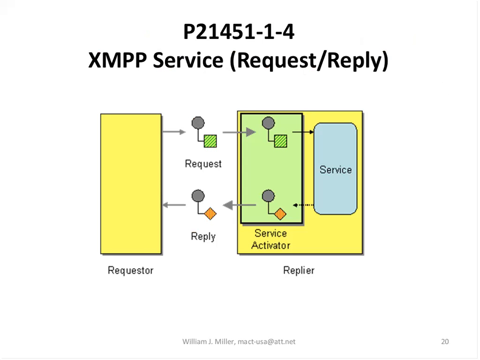But our 21451-1-4 standard is now concentrating on defining the request and replies, which is the messaging in the XMPP protocol between a requester and a replier, if you will. Next slide.